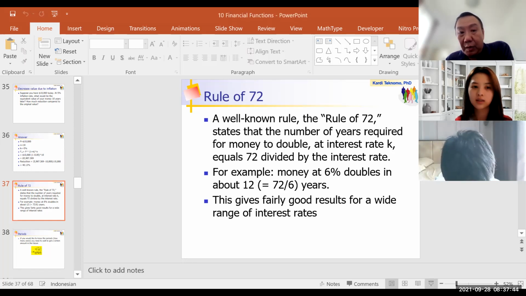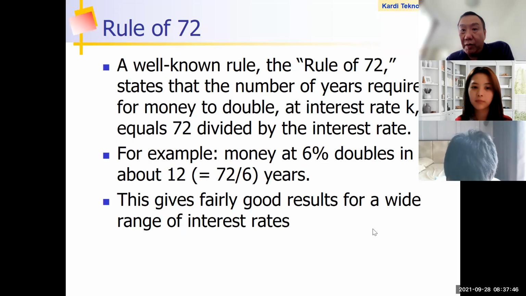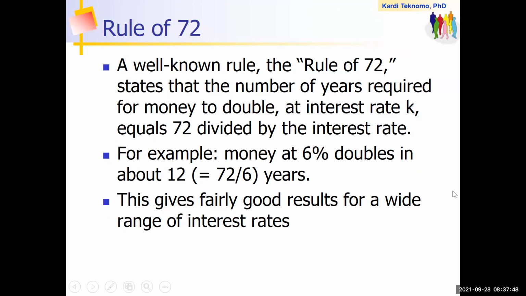Rule 72 is actually a very well-known rule. It states that the number of years required for the money to double at interest K is equal to 72 divided by that interest rate. For example, if your interest rate is 6%, your money will double in about 72 divided by 6, which is 12 years.